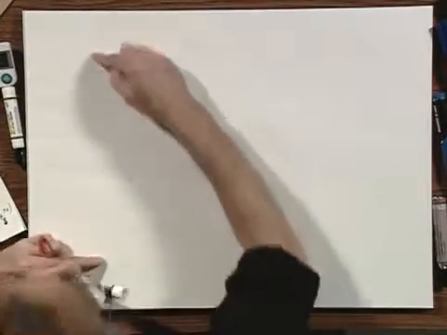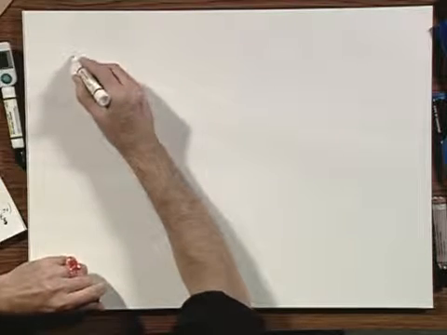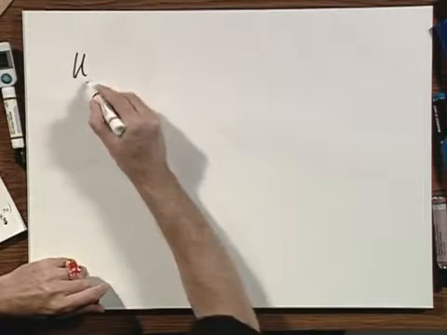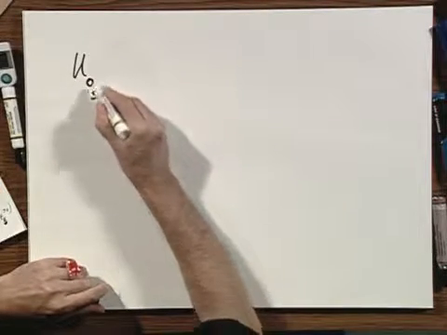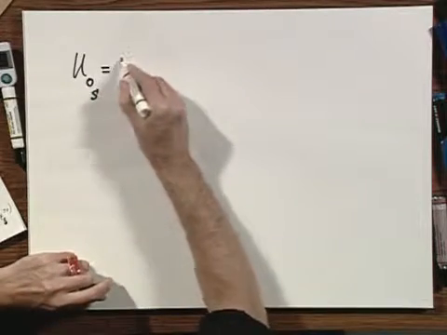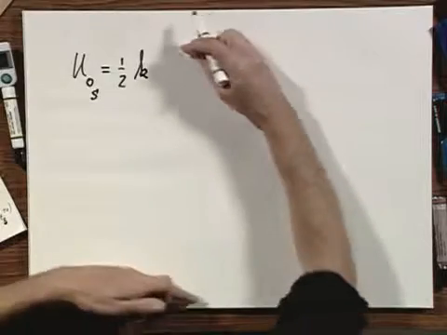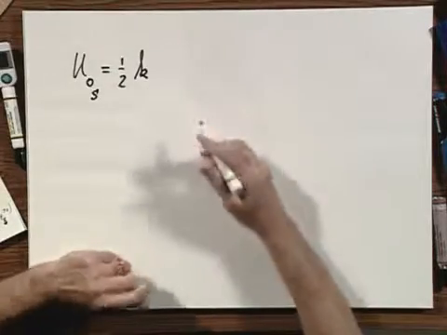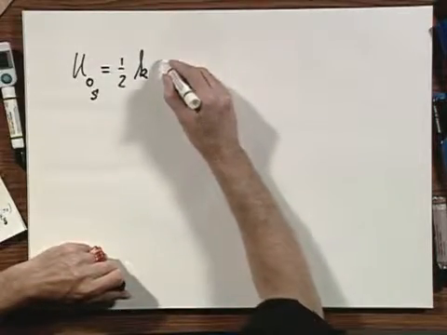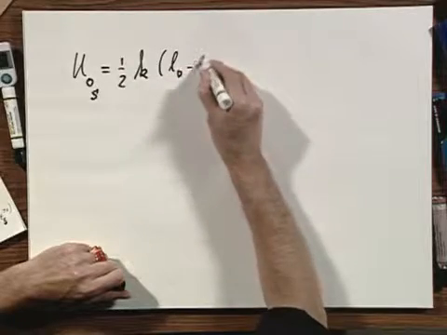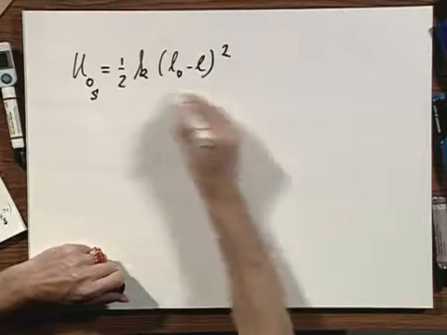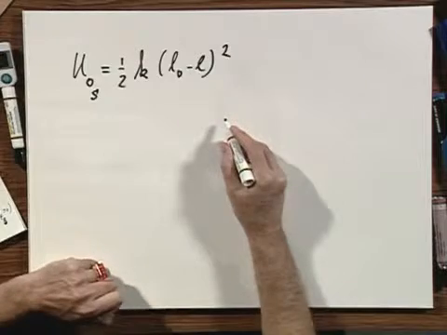So after I have squeezed, let's suppose that I've done a certain amount of work, and I have put in a certain amount of potential energy, which would be 1/2 k times the amount by which I have reduced the length of the spring, so that would be (L0 minus L) squared. That's the energy that I have put in.